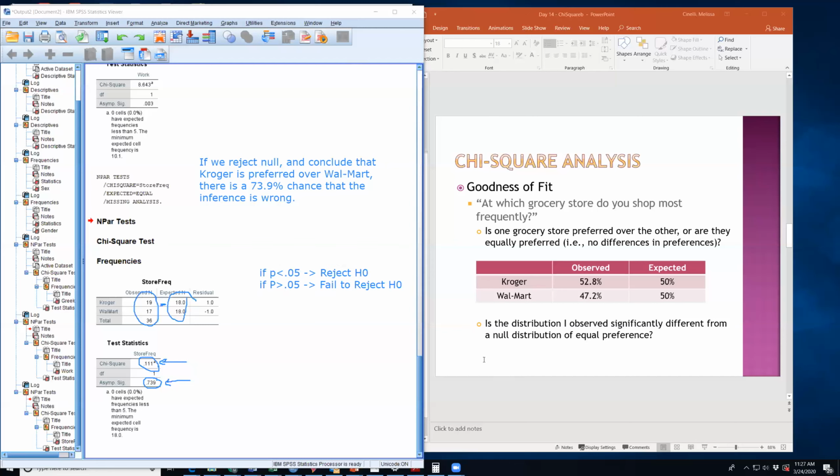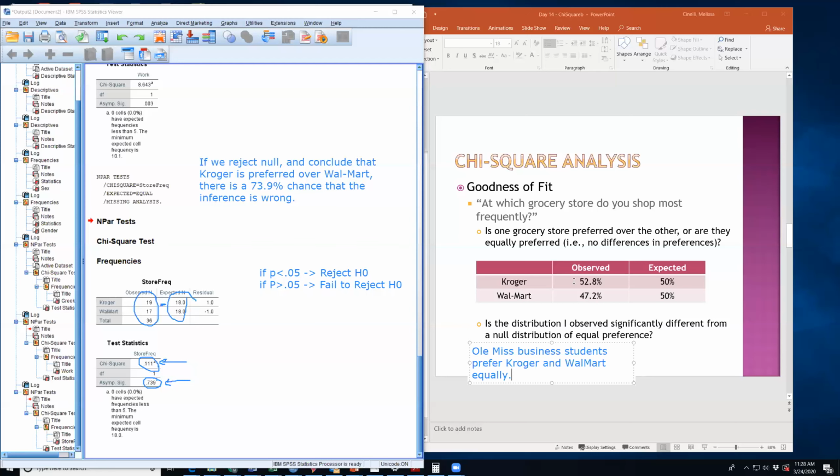We conclude that Ole Miss business students prefer Kroger and Walmart equally. All right, so there's no difference in preference for one of these stores over the other. They are equally preferred. Roughly half of students like Kroger and roughly half of students go to Walmart most frequently. And that's what we have learned from this test.